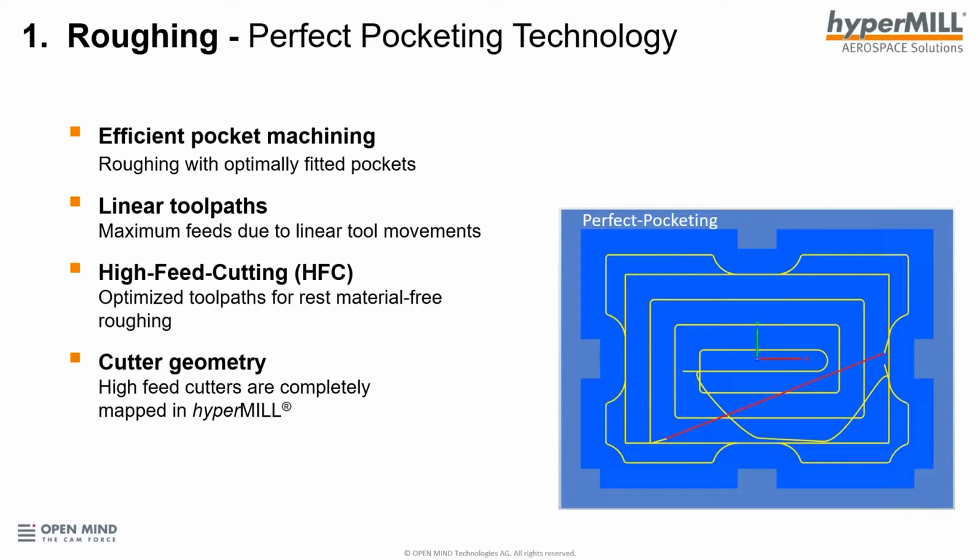Wherever possible, we're getting the machine to work in a straight line where it's able to achieve the programmed feed rate. If it is aluminium, usually the limitation is how quick the machine can accelerate and decelerate. So this is putting the machine in the best possible way to get the programmed feed rates.